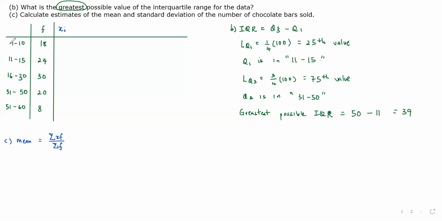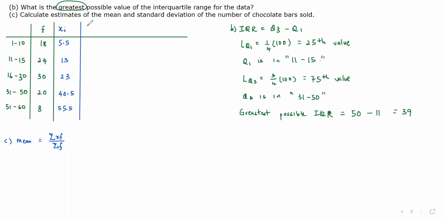So 10 plus 1 is 11, divided by 2, we have 5.5. For the second class, we have 13. The third class is 23. The fourth class is 40.5. The last class is 55.5. That will give us the class midpoints.